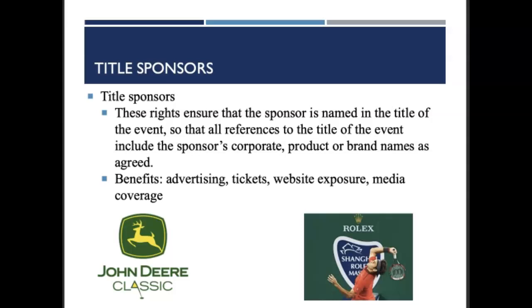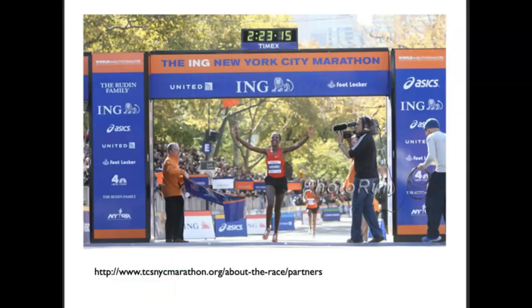For title sponsors, a lot of the time their name and logo are also incorporated into the event's name. That can really enhance the value for the sponsors. For instance, this is the New York Marathon.